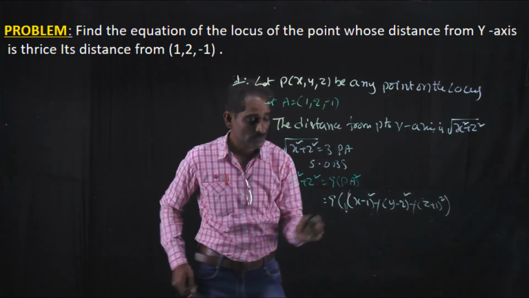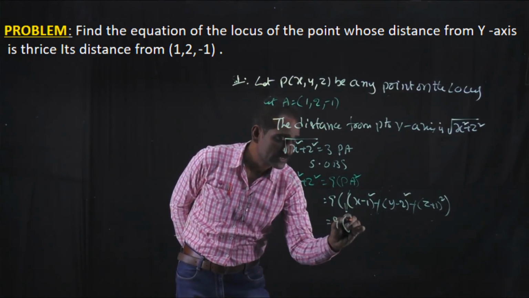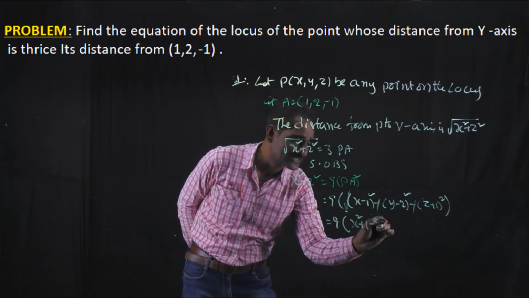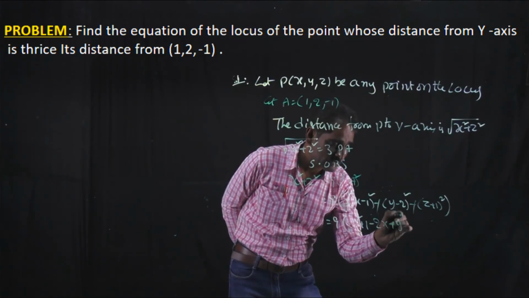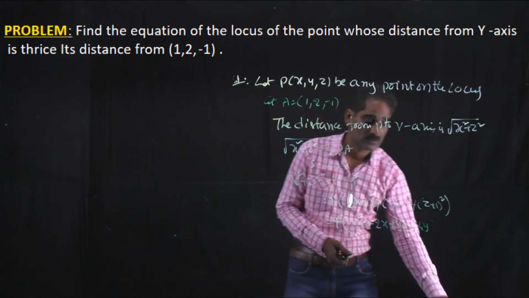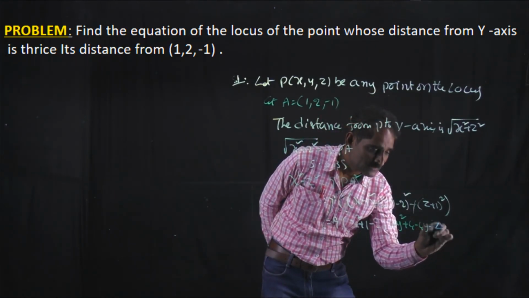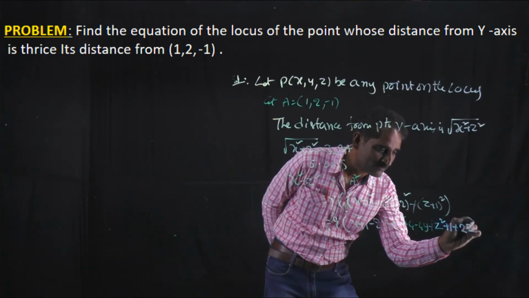Okay, now from this, 9 into x square plus 1 minus 2x, y square plus 4 minus 4y, plus z square plus 1 plus 2z.